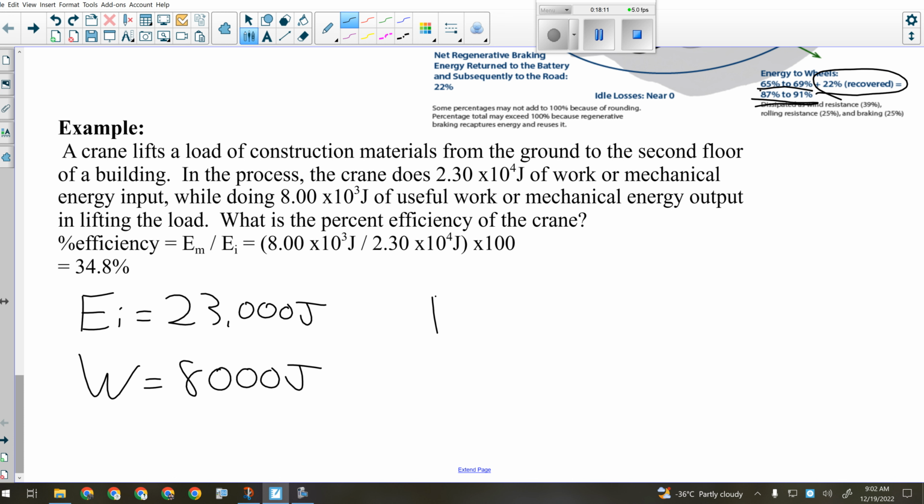Well, efficiency is our work divided by the energy required to do it. 8,000 divided by 23,000.